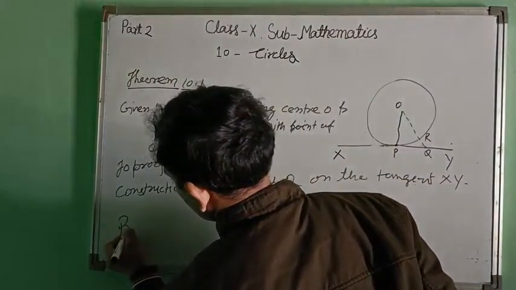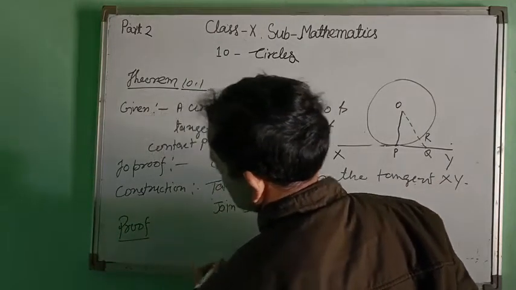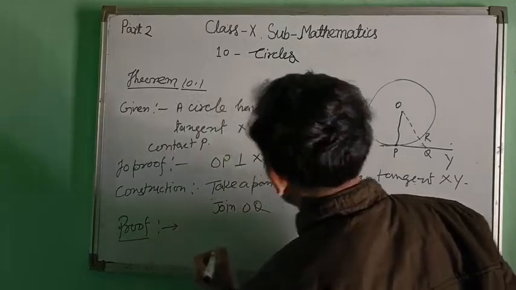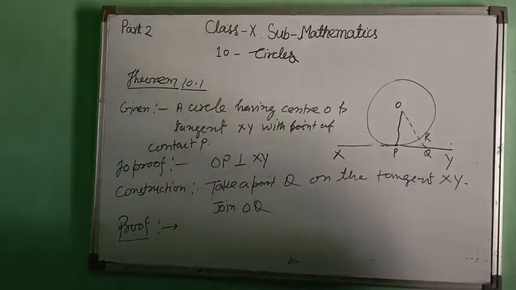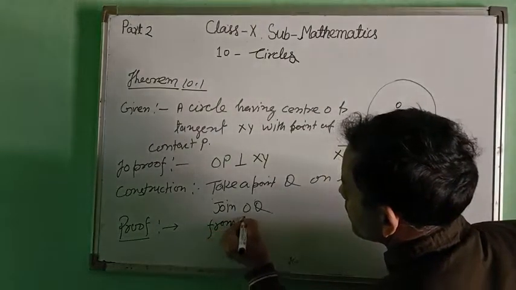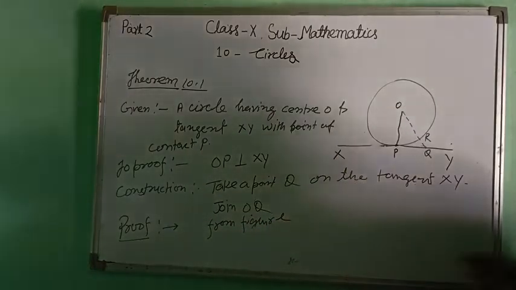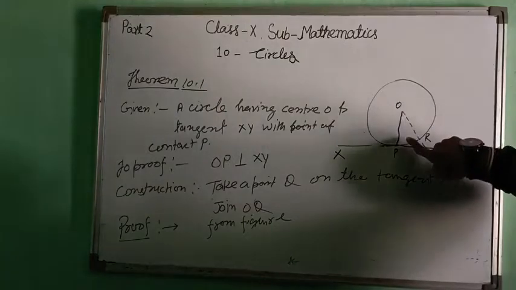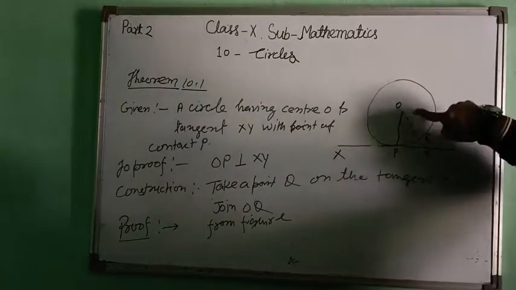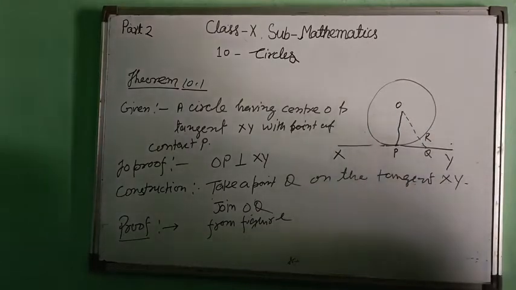From the figure, if you see the figure, then you clearly observe that OP and OR both are radii of the same circle, so they are equal.